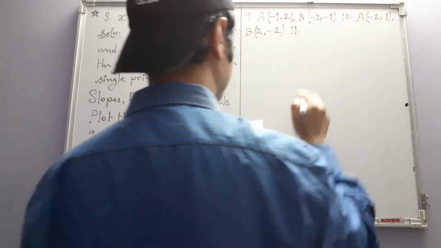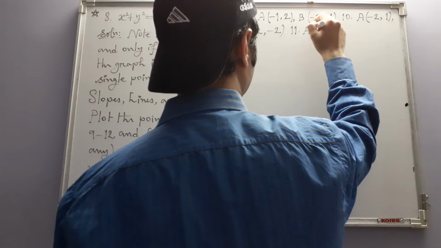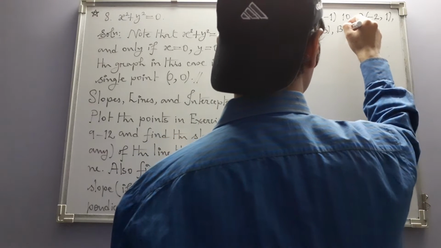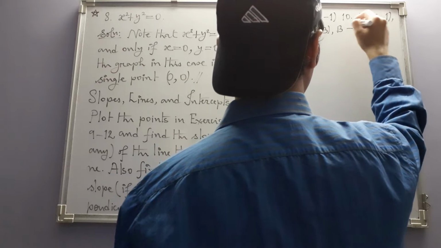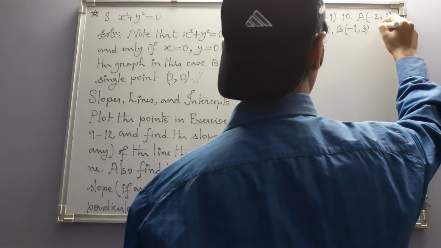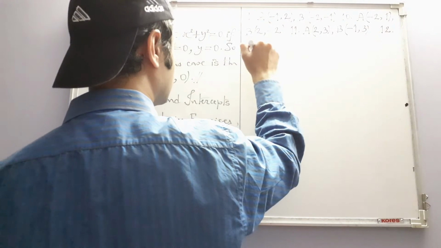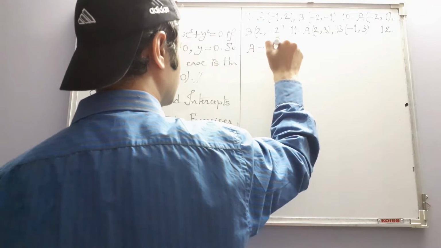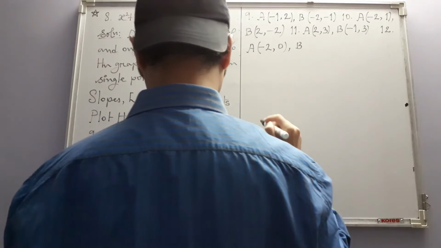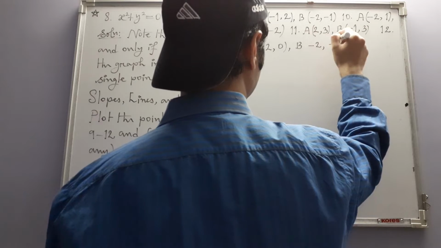11. A is 2, 3. B is -1, 3, and 12. A is -2, 0, and B is -2, -2.